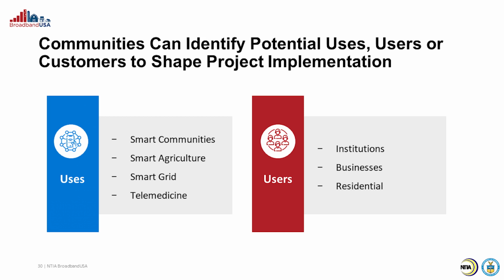Particularly now, in the advent of the COVID-19 pandemic, telemedicine and telehealth, we want to ensure that those in our population who need medicine and medical services can get them, even if they can't physically make it to the doctor's office. And then for users, we want to ensure that our institutions, our businesses, our residents are users on the network to be able to support it.